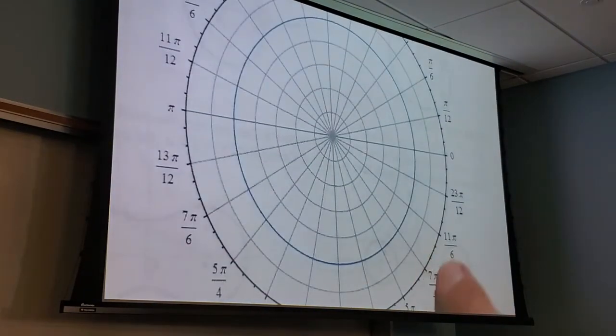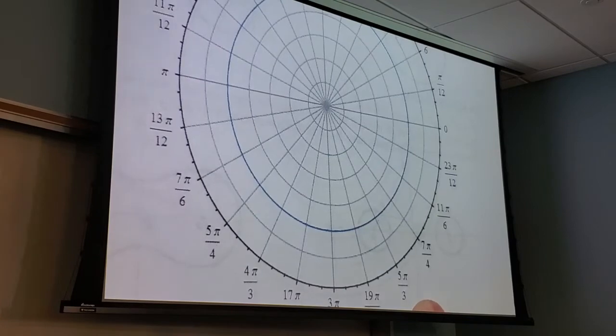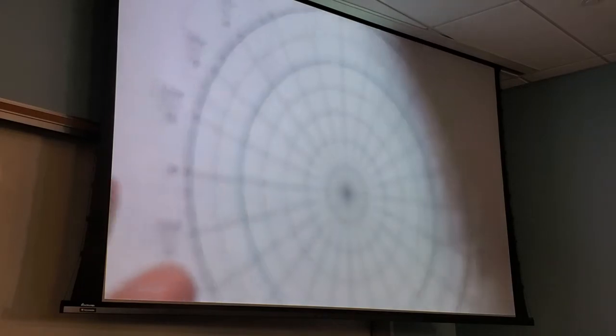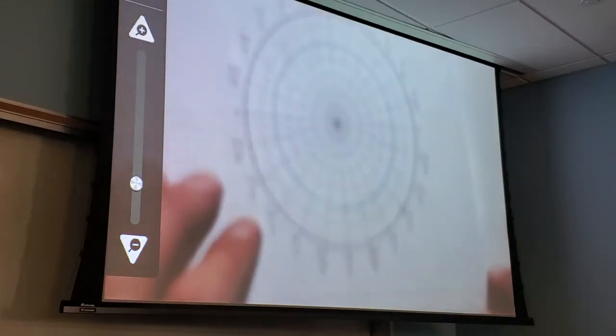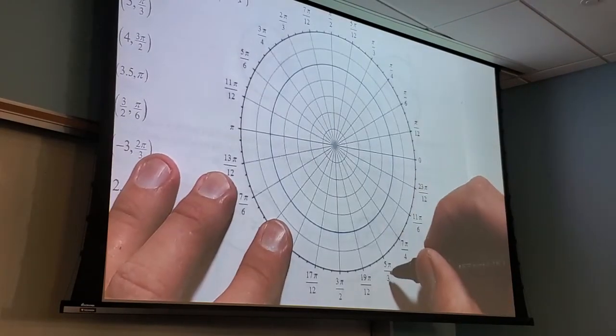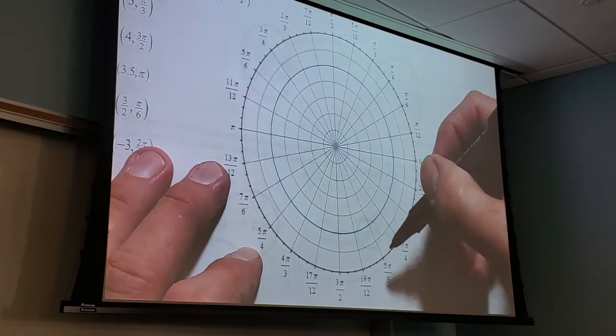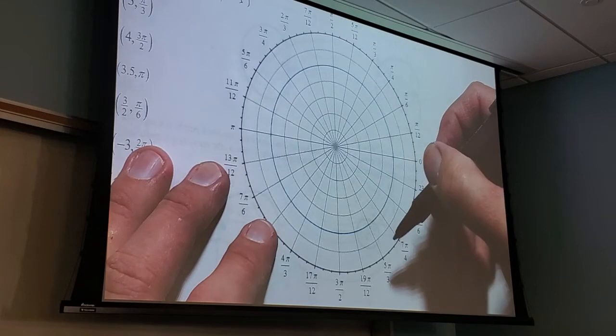So it's down here, right? 5 pi over 3. Okay, so face 5 pi over 3. Look at 5 pi over 3. And then go out 2. Now, do you notice?